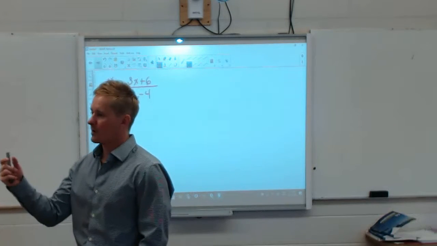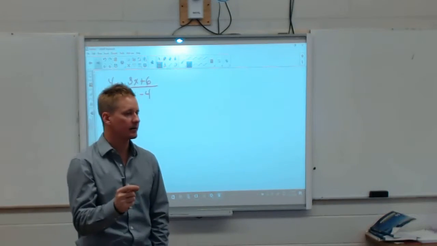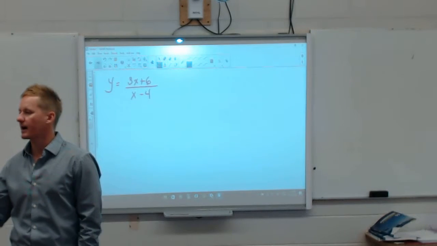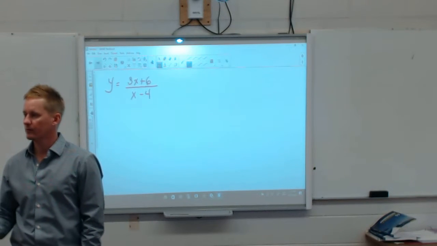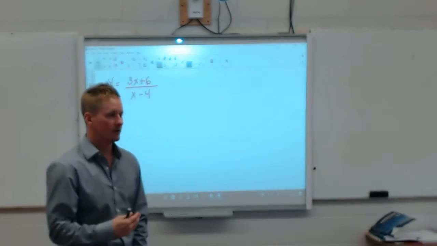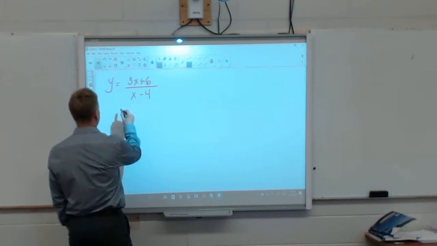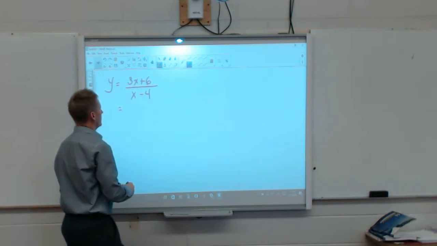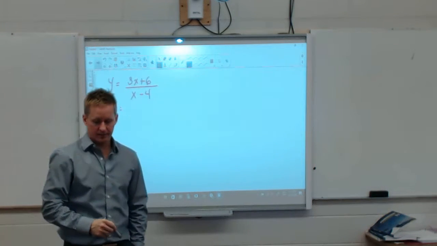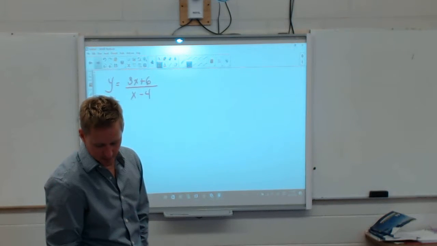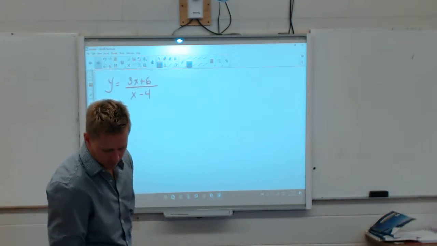Because basically what I'm going to do is I'm going to add and I'm going to subtract the exact same value so it doesn't change it. And then I'll use brackets to simplify it for myself. Does everybody understand what I'm saying? Okay, so here's how it looks. I'm going to take a value, and the value in here is going to be what I want to do.